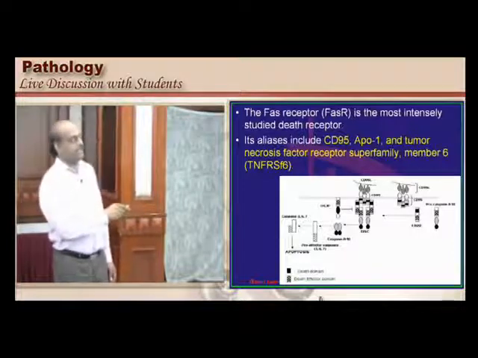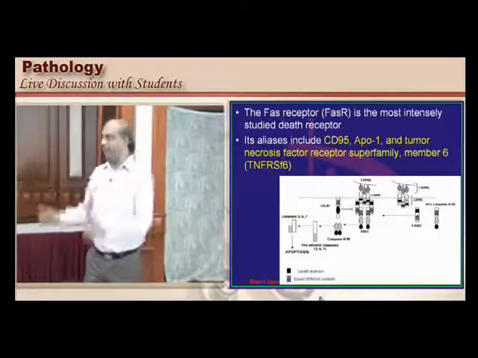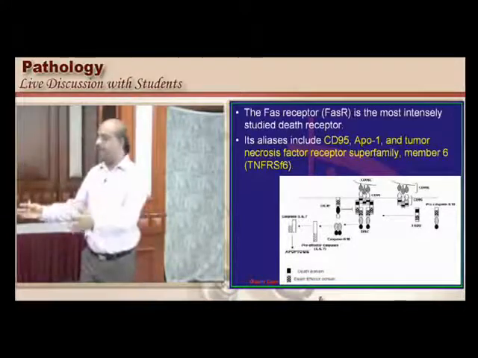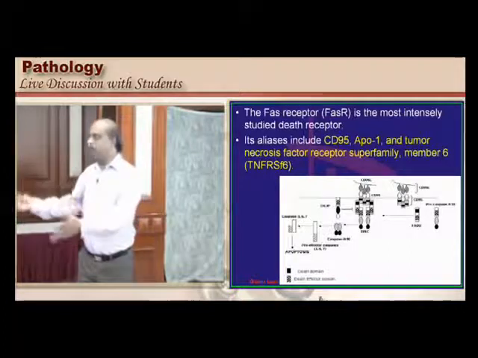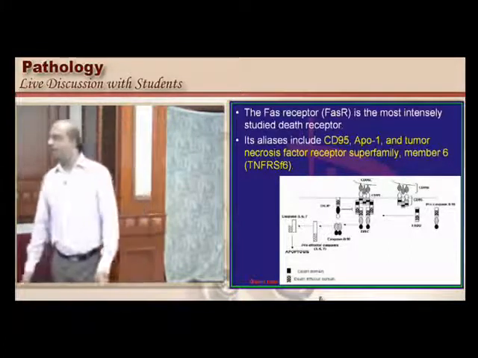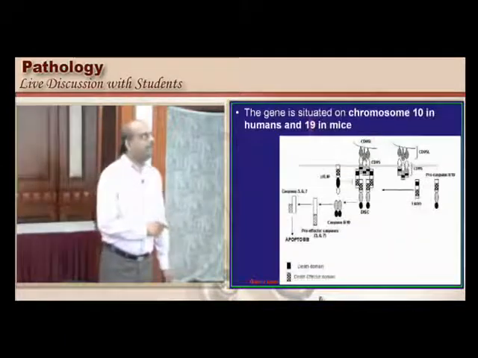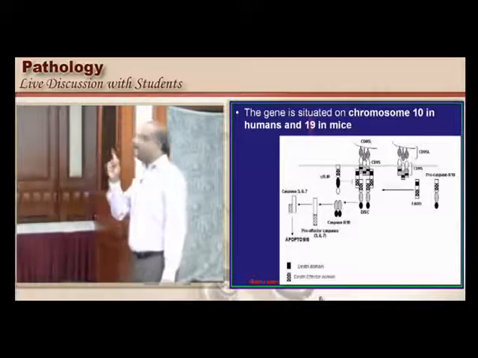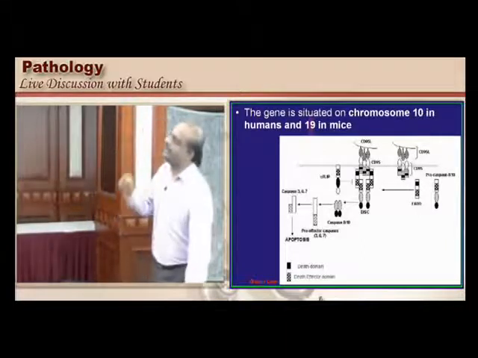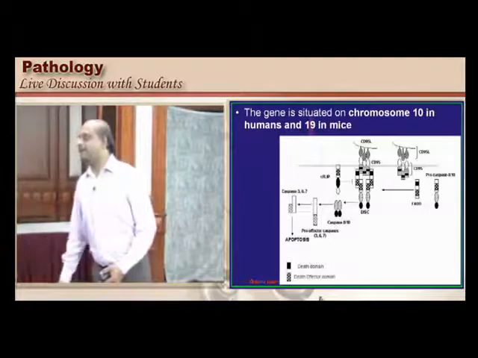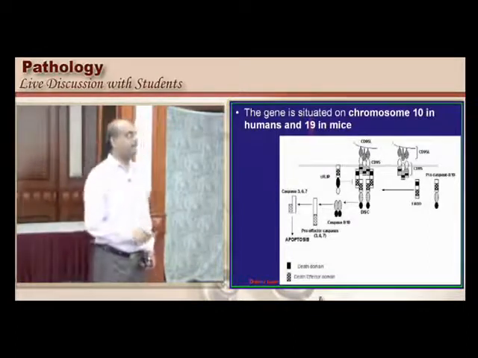Various names are given to the same thing, CD95, the death receptor. A cell destined to die by apoptosis will typically express this CD95. The gene responsible for the expression of CD95 in cells destined for apoptosis is located on chromosome 10, which needs to be remembered.